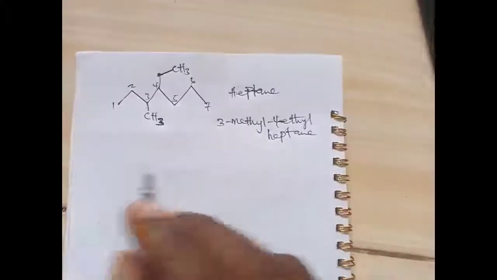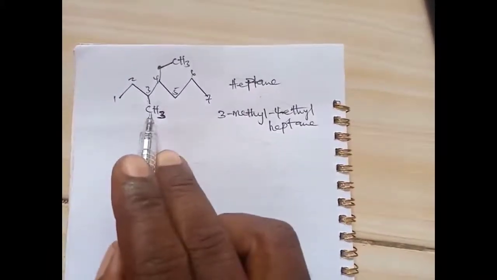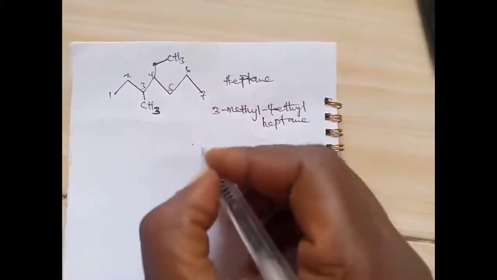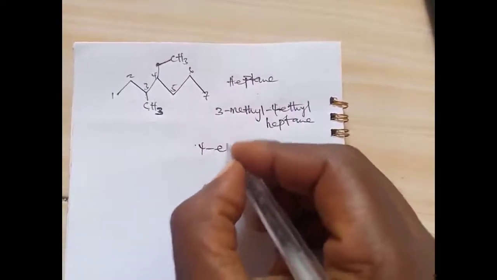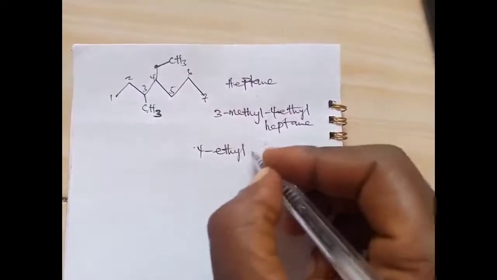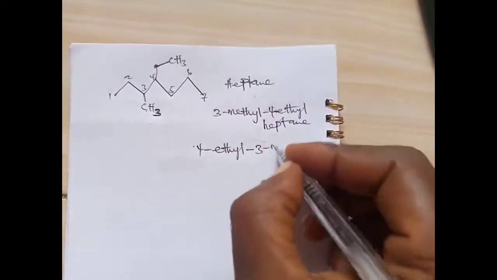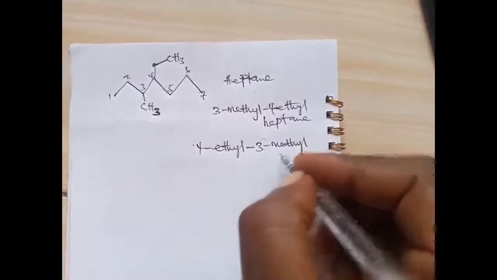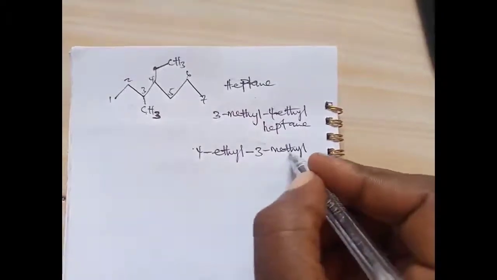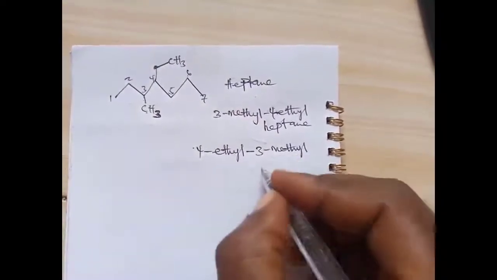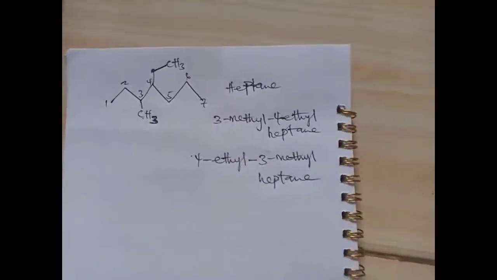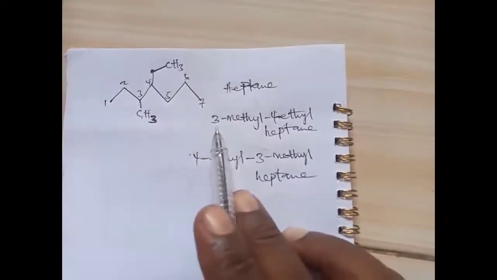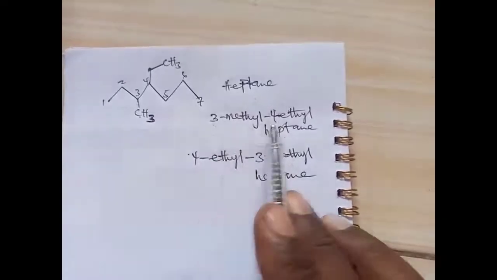Now, should we mention methyl first, or should we turn it upside down and say 4-methyl, 3-methyl, 4-ethyl, 3-methyl heptane? Which one is the correct one? In the first one, you notice that the numbers are in ascending order, 3 before 4.